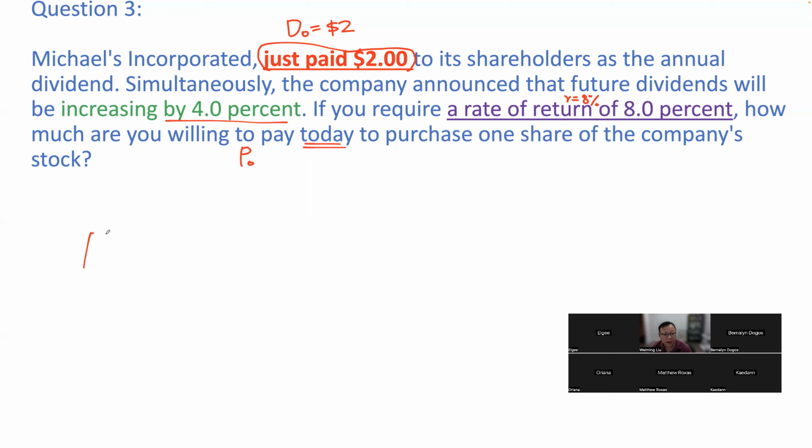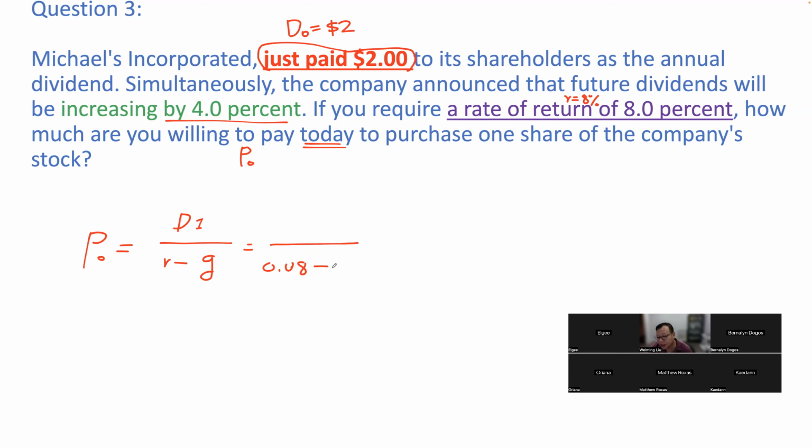So P0, remember, P0 equals D1, the dividend a year after at year 1, divided by R minus G. So do I know R? Can anyone tell me what's my R in this question? Yes, 8%, 0.08. Good.